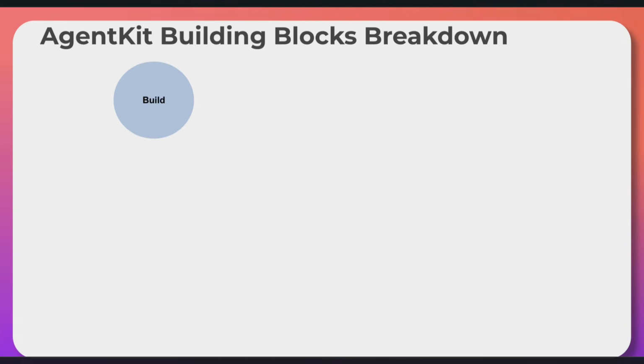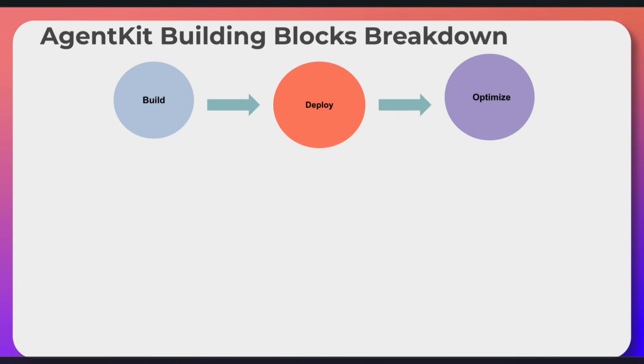Now, let's look at the building blocks. We talked about the build. Then we have deploying and we have optimization. This really mirrors any sort of software development workflow, right? You build, you deploy. Of course, there's things that happen in between, but you keep iterating and optimizing to make your agents better. When we're building these agent workflows, we need access to models, right?